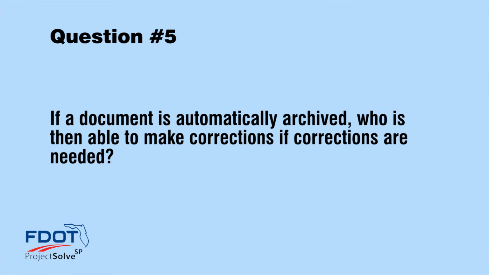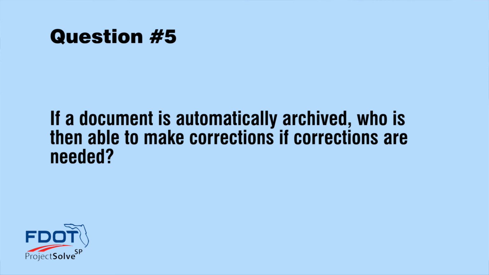Scott, I think the next question is a good one for you also. If a document is automatically archived, who is then able to make corrections if corrections are needed? Well, within EDMS, if the document is archived and there are errors made, for one, it shouldn't have been sent to EDMS, okay, so it did.